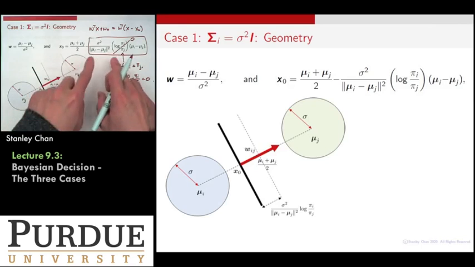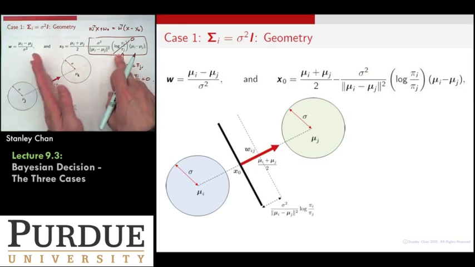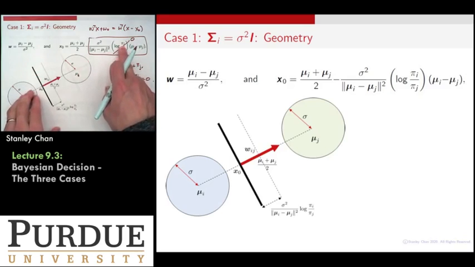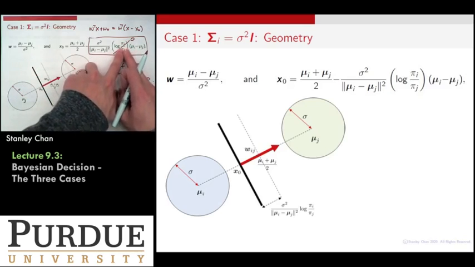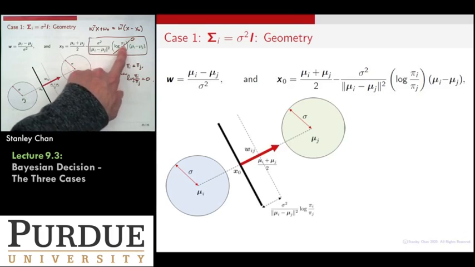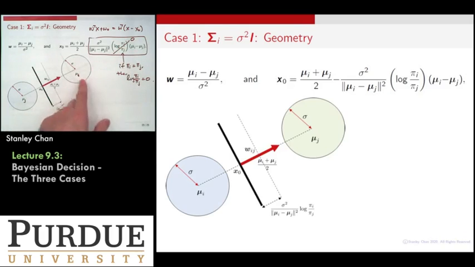The reason why you have an offset is because of the prior. If you say that I really trust pi i more than pi j, then you are going to push the y-intercept towards pi i rather than pi j. So for some reason I just trust this guy more, so you are going to move your separating hyperplane towards that class.